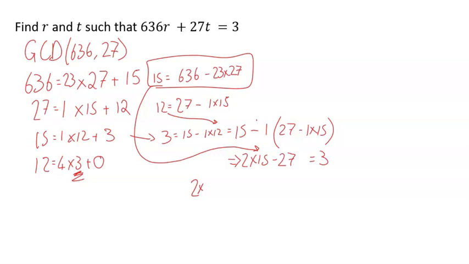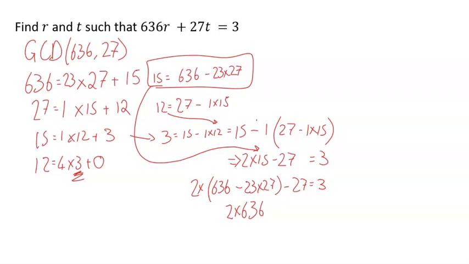So I'll end up with 2 times 636 take away 23 times 27 take away 27 equals 3. Now that I've got it, expand the brackets, gather everything that's the same together, and then we'll see what we've got. So expanding the brackets gives me 2 times 636.